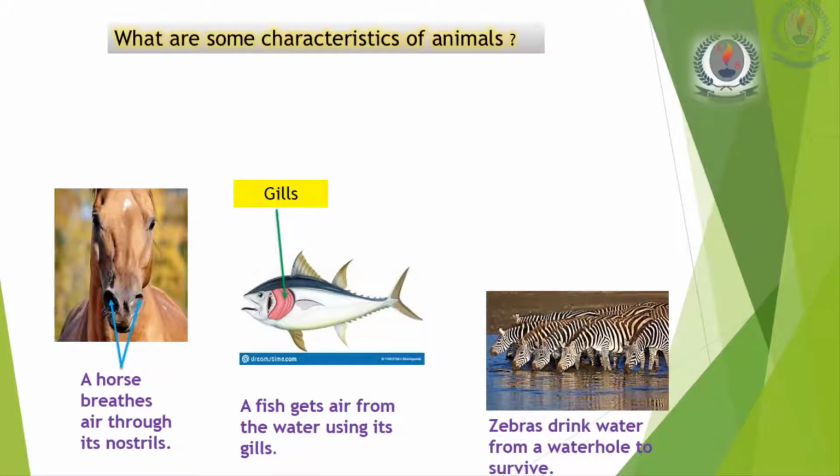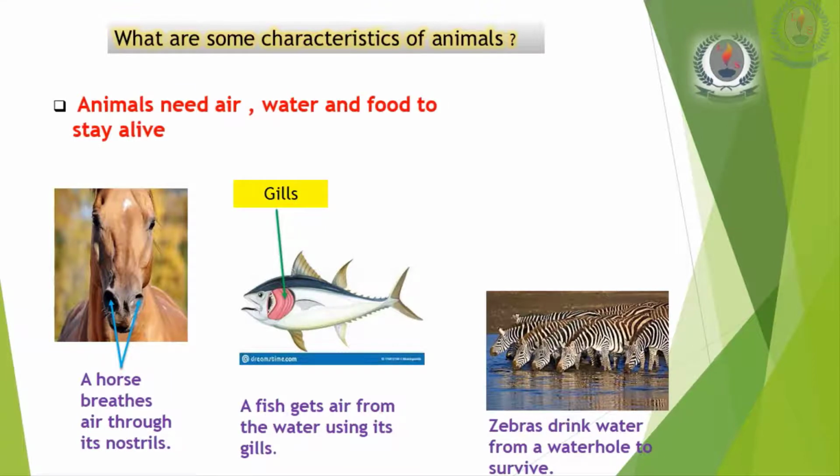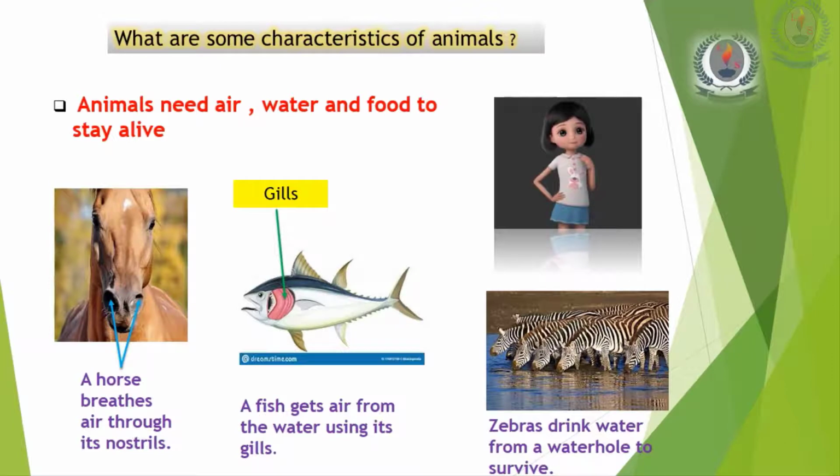Page number 48. What are some characteristics of animals? Animals need air, water and food to stay alive.